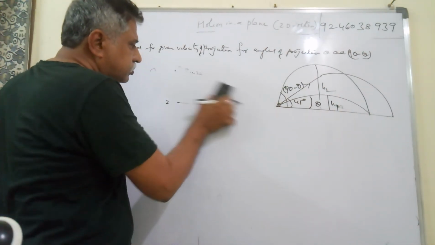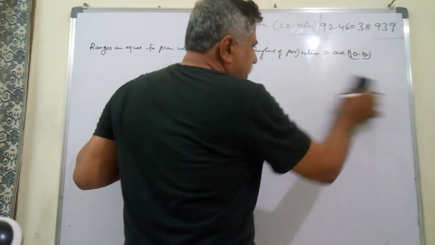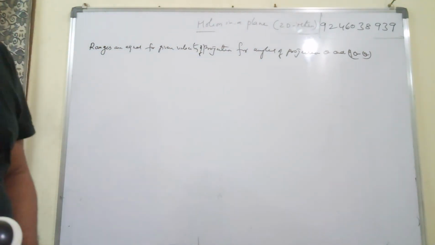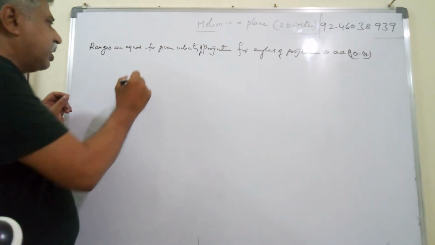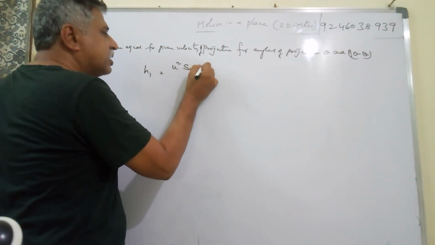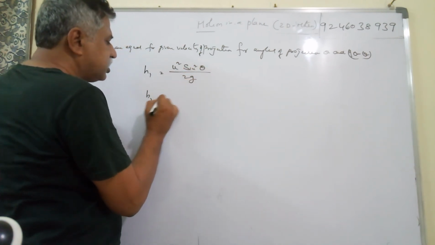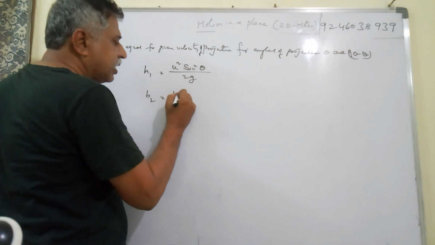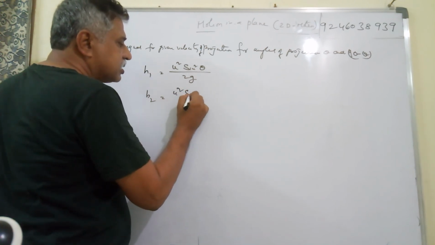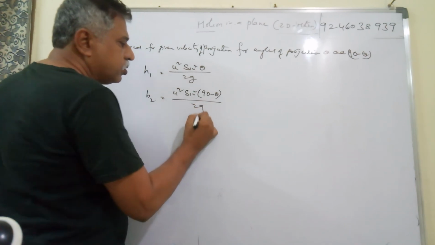Next one. For example, for angles theta and 90 minus theta, the maximum height reached is equal to u square sin square theta by 2g for H1. H2, for angle of projection 90 minus theta, is u square sin square 90 minus theta by 2g.